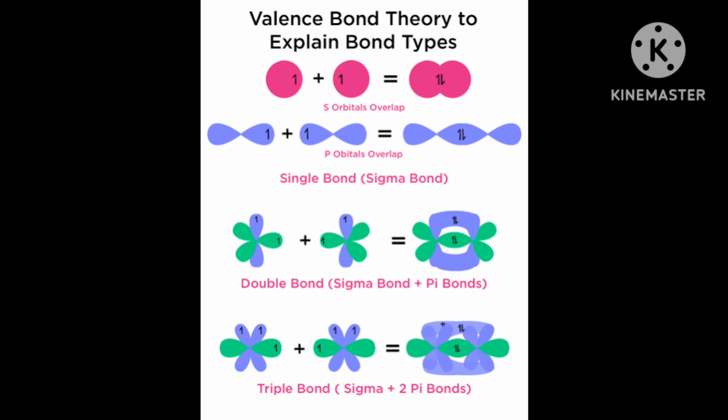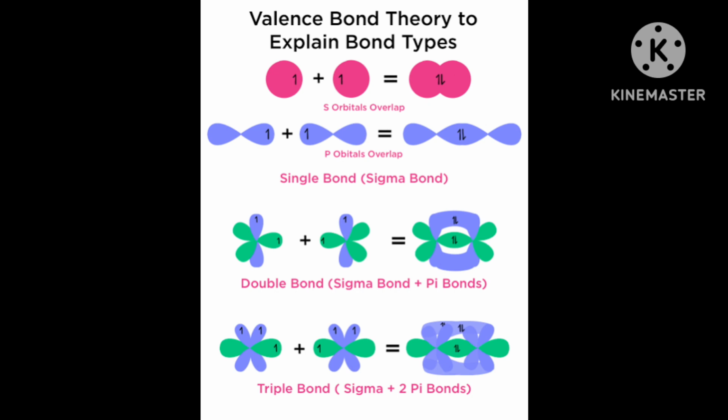One in a general way, sp3d2: total 6, 1 s orbital, 3 p orbitals, and 2 d orbitals. 1 plus 3 plus 2, 6.